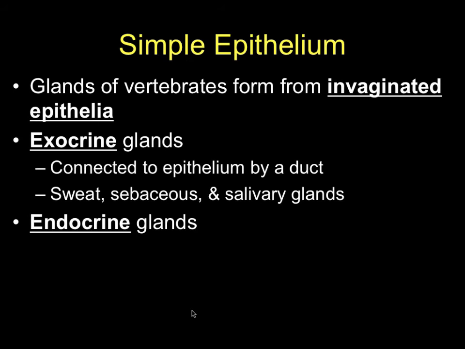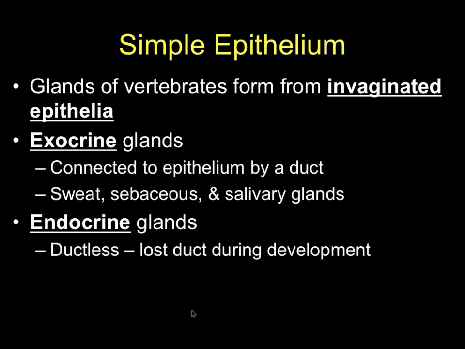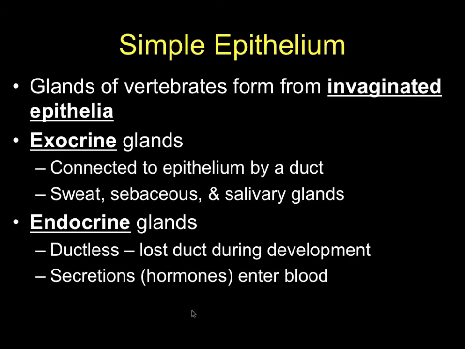Endocrine glands, on the other hand, do not have a duct to the outside world. They lose it as they're developing, and the secretions they produce go into the blood. So they are technically released into the body, into the bloodstream. Most of the traditional endocrine glands you think of would be adrenal glands and pituitary glands and thyroid glands and parathyroid glands, because their secretions go directly into the blood.